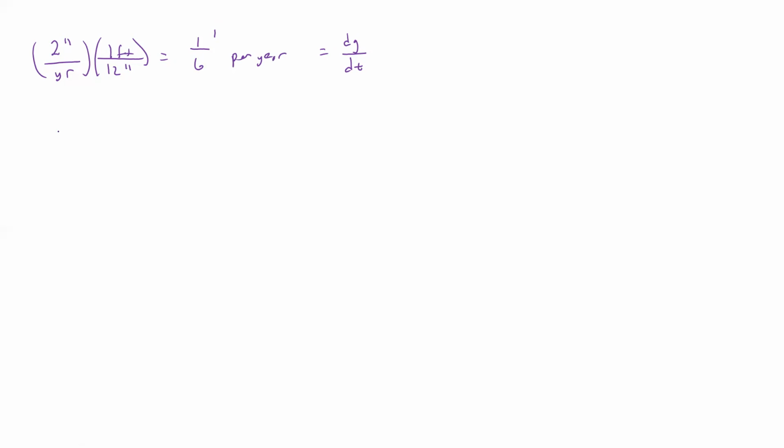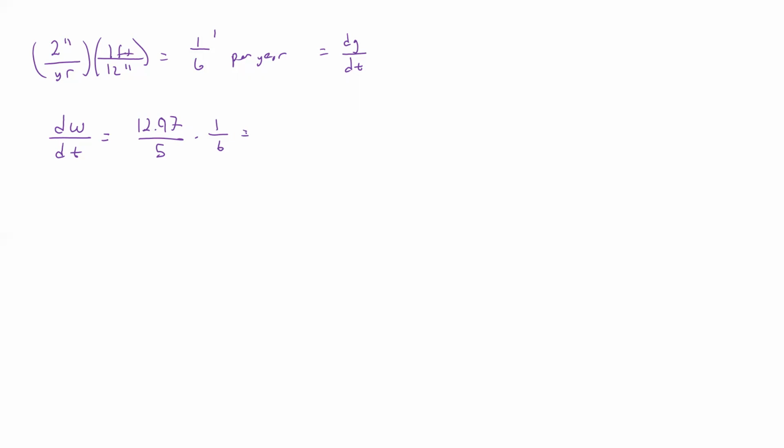So now we know what all of the things are, except that we just have to plug them in. So now dW/dt is what we're looking for. That's equal to, well, we had the 12.97 over the girth, which we said was 5, times 1 over 6. And so now we just plug that into our calculator.